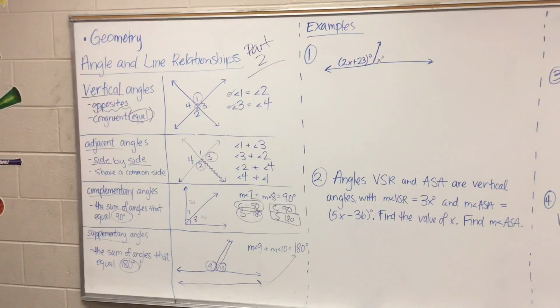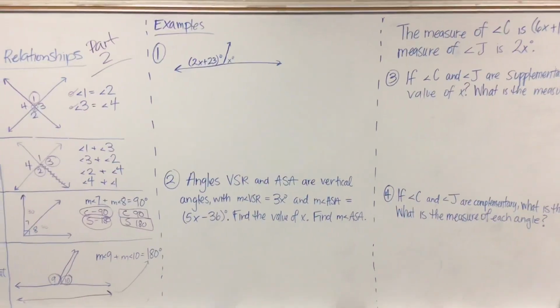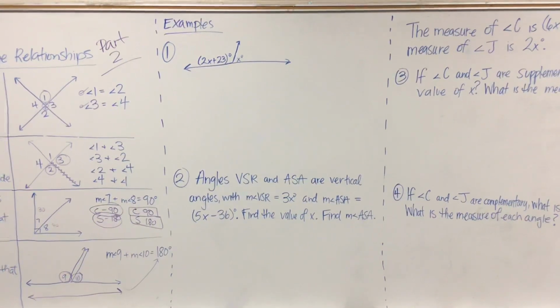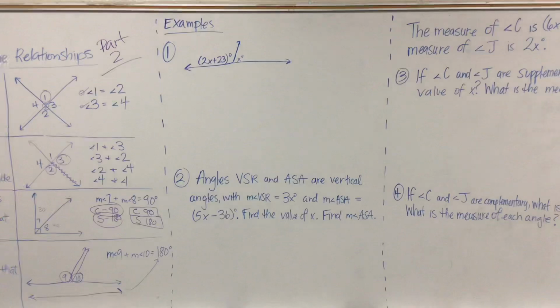So, example 1, we're just going to jump straight into it. We have to find this angle here, X, all right? Well, actually, we're going to do both angles. So we have 2x plus 23 degrees, and then we have x degrees.